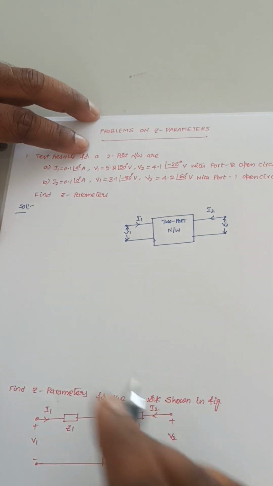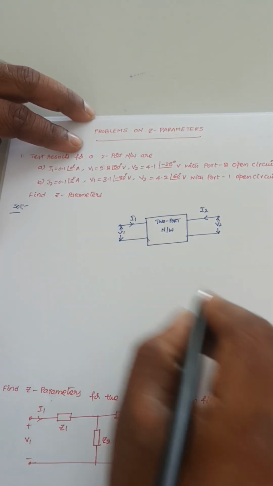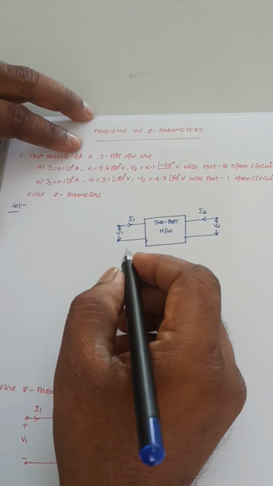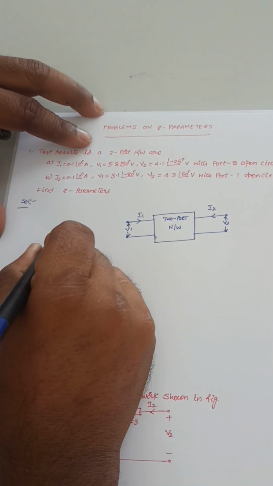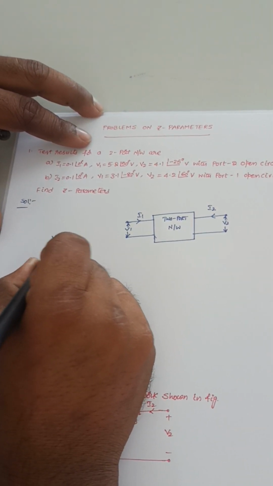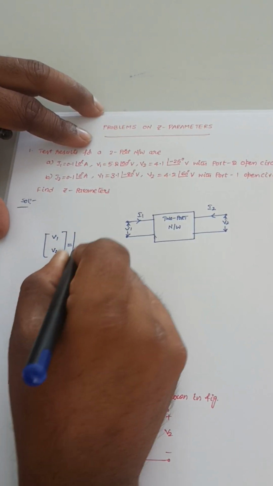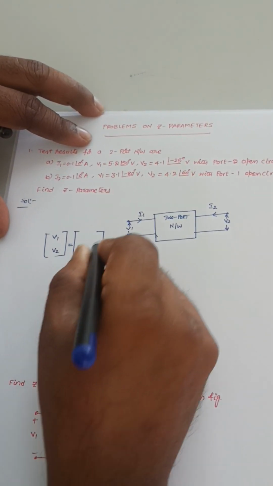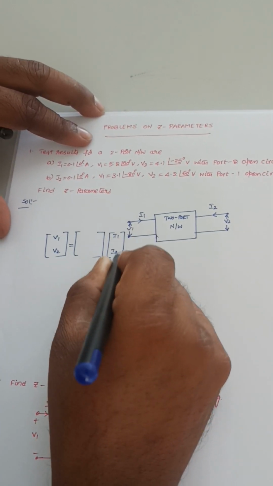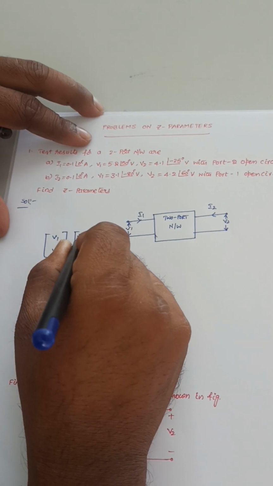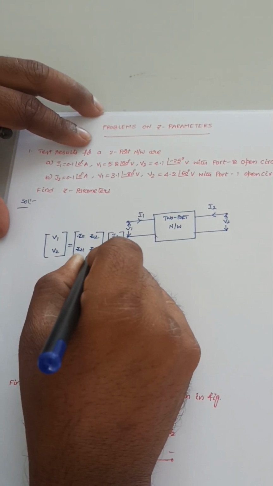So what are these Z parameters actually? If I write the vector matrix equation for the Z parameters, then this is V1 and V2. These variables can be expressed in terms of I1 and I2, with Z11, Z12, Z21 and Z22.